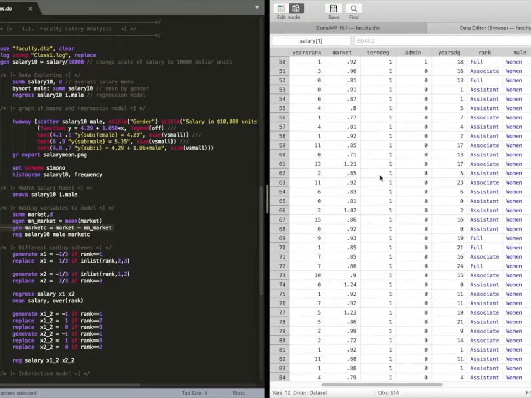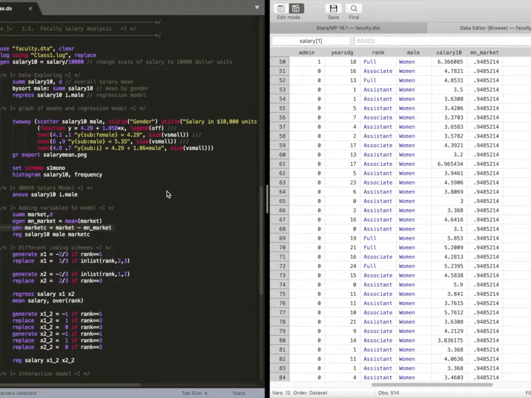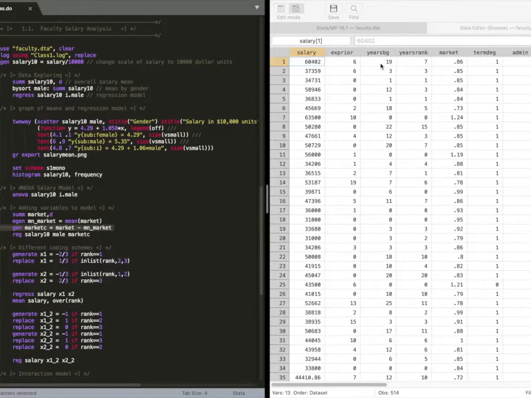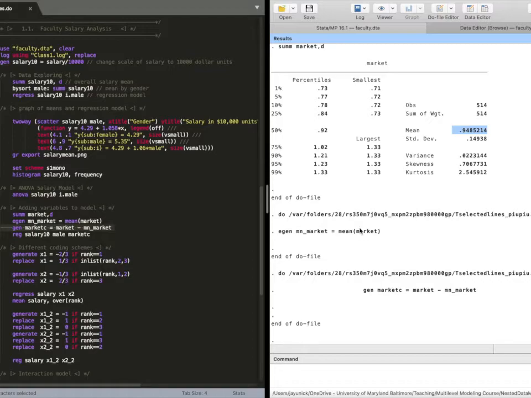That centers the market variable at the mean market. So it doesn't do anything to the size of the coefficient or any of that. All it does is allow me to have a meaningful 0 that I can then use when I interpret things. So here we go. Let me add that in there just for consistency's sake.